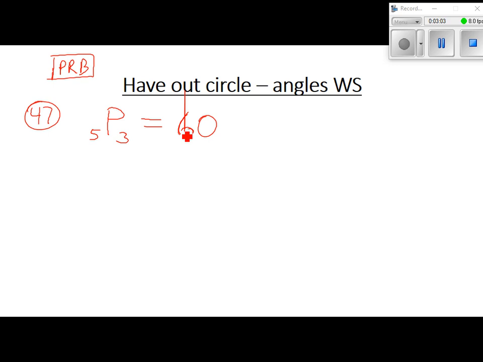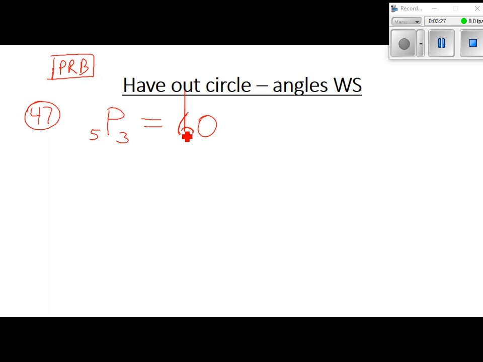If I pick these 3, that's a different permutation than picking these 3. Because if I pick in this order, this one plays first, this one plays second, this one plays third. If I pick in another order, this one plays first, this one plays second. That's a permutation.